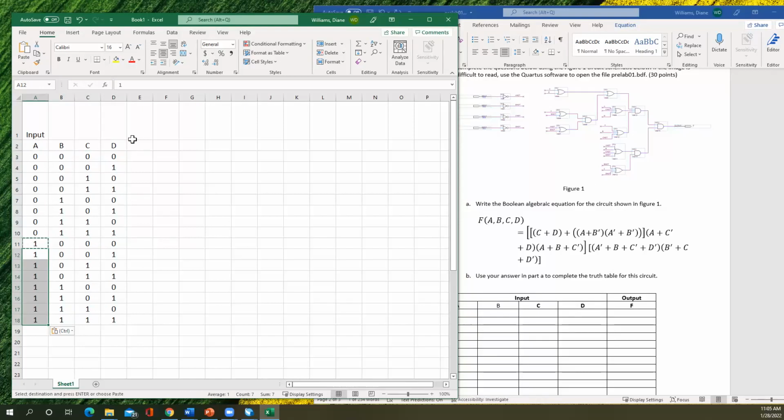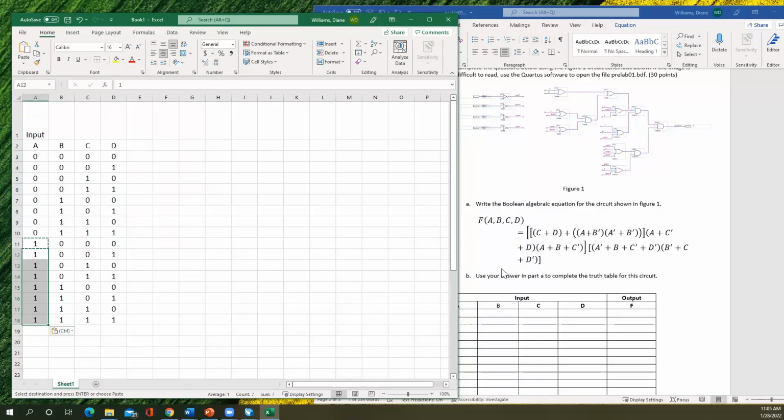So we have these 16 unique binary combinations. I said we could start filling this out in intermediate form. The other thing we can think about is the fact that these 2 terms are going to be ANDed together.